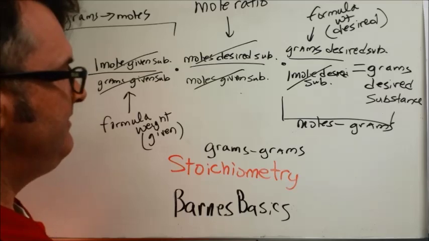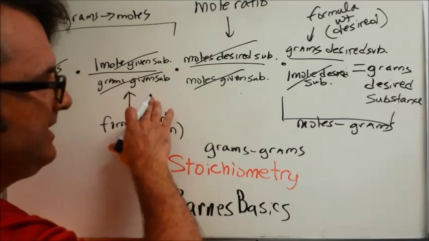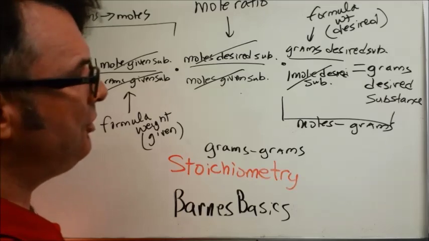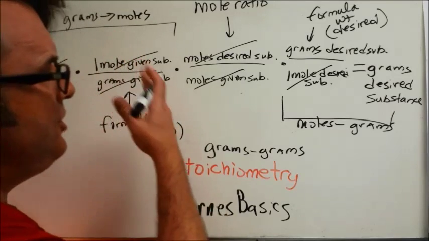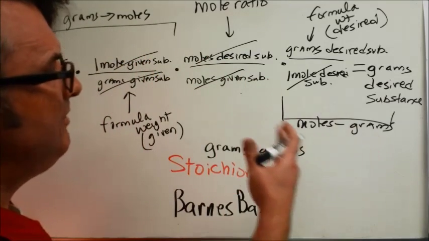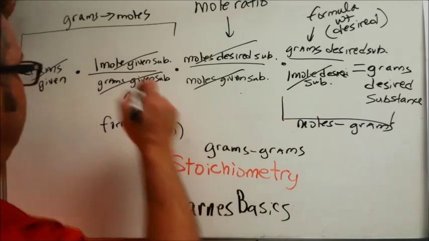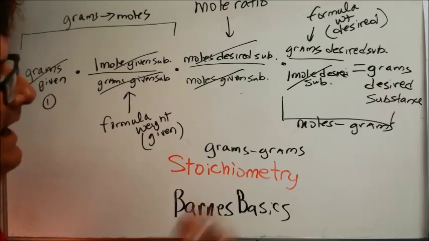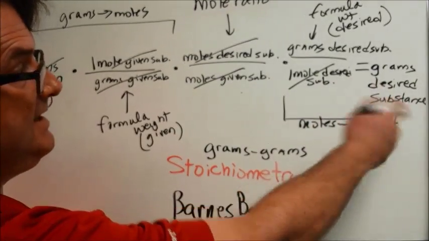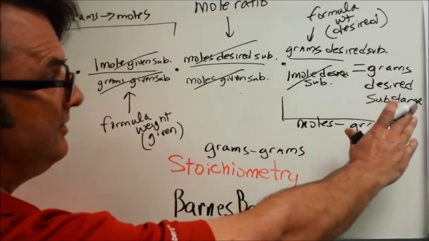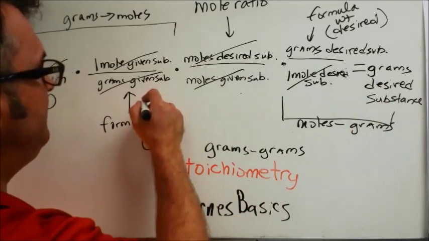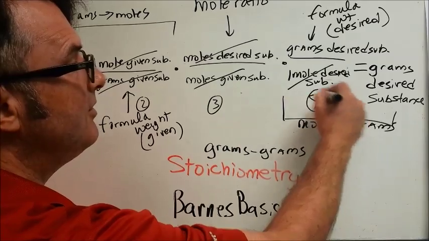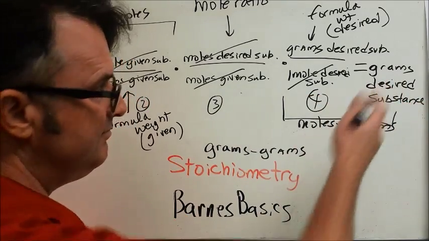Also, in some of the previous videos, I talked about the second step, or I talked about the fourth step. So I've never heard anybody give numbers to these steps, but I might say that the first step is to write down the grams given. I would also say the second part of that step is write down what is desired over on the far right, but I would definitely call this my second step, my third, and my fourth, and then I would get my answer.